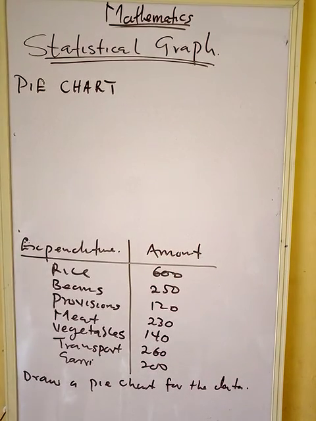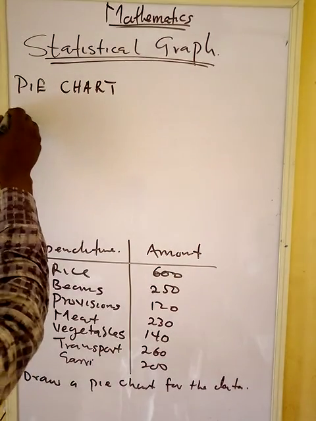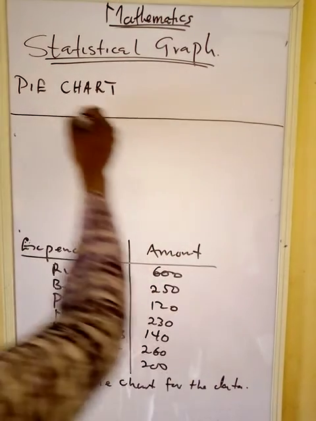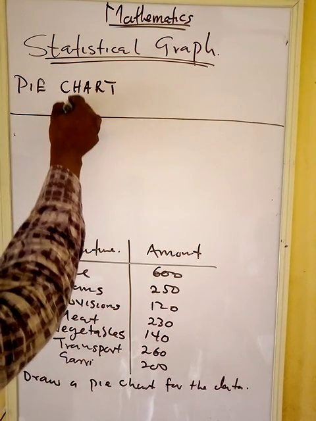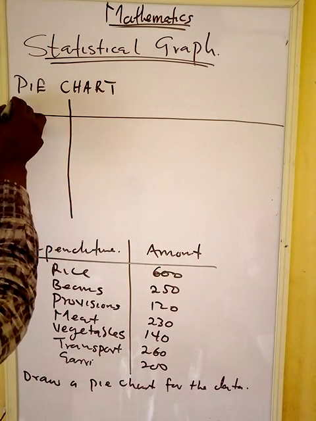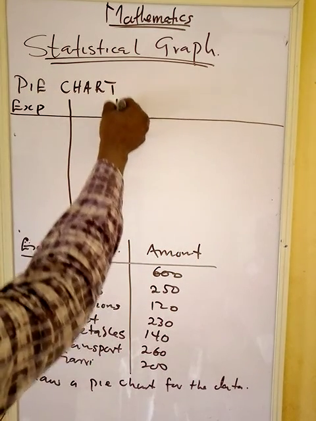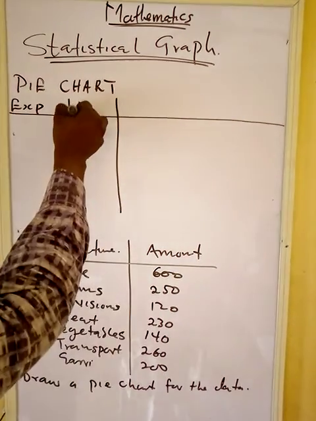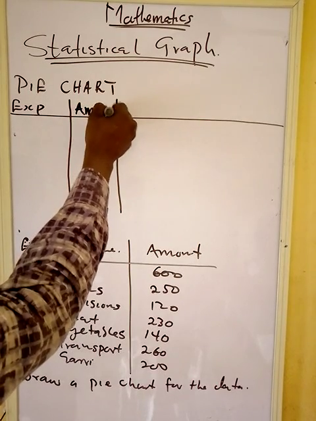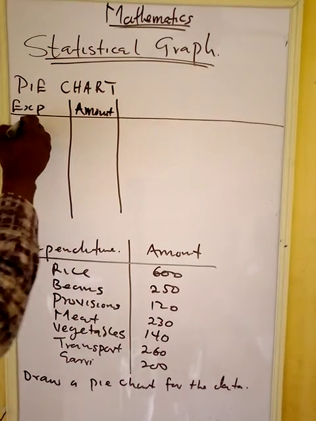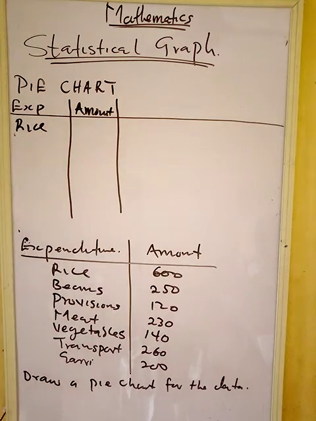Before we draw the pie chart, we need to do some calculations. So we need to get the sectorial angles. From here we have the expenditure, here I have my amounts. So we have rice, and rice is 600.